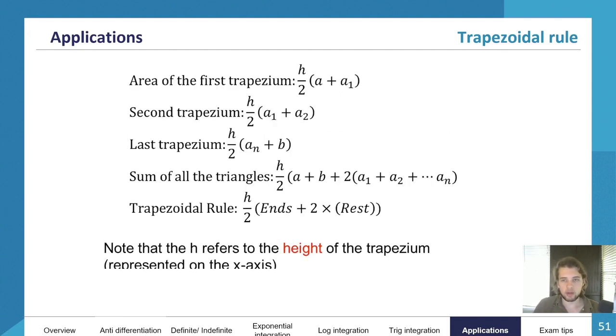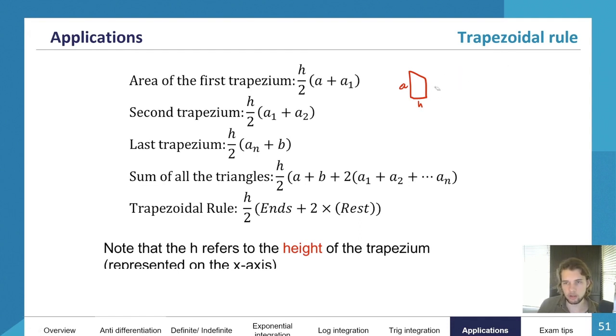So the area of one trapezium is sort of like this: A, A1, and H. Then we have our second trapezium, which is connected.